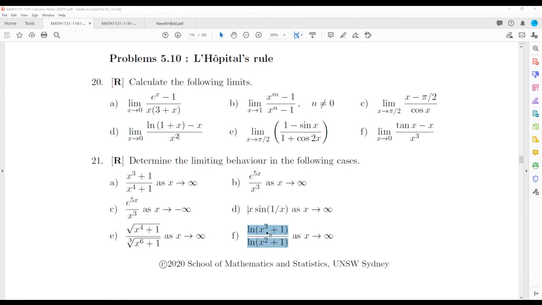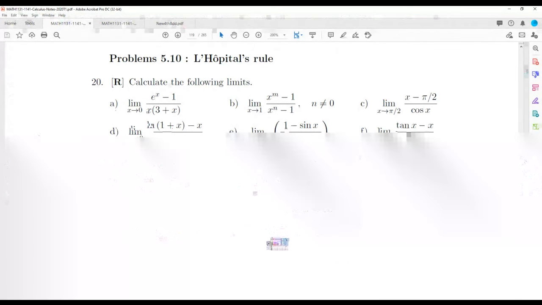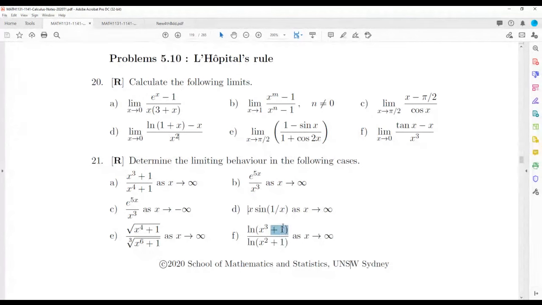And I'll give you a clue. Ignore the plus ones because they don't actually affect things as x gets large and positive. So cover up those ones. Can anyone tell me what's going to happen here?